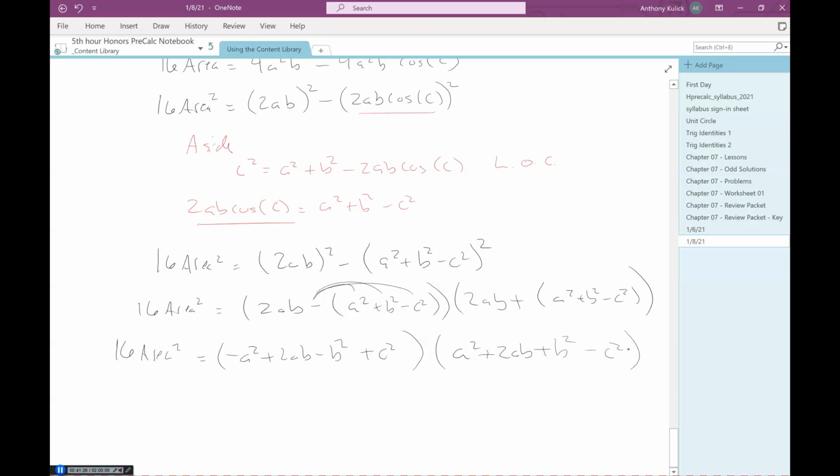And the reason I'm going to do that is because these two pieces factor. Those are both like perfect squares. So I can factor those.